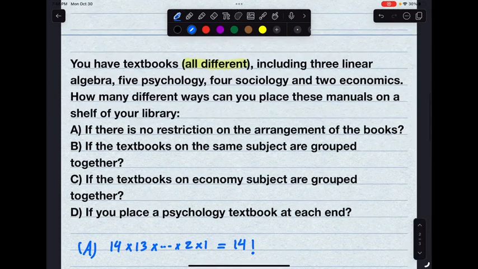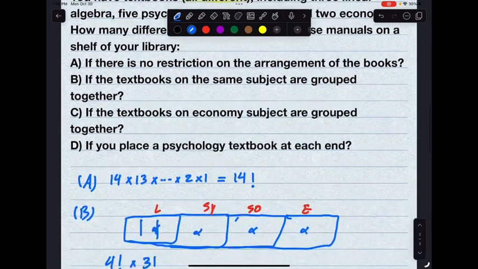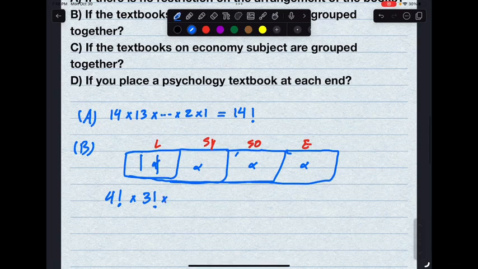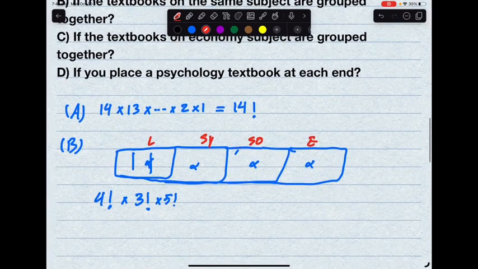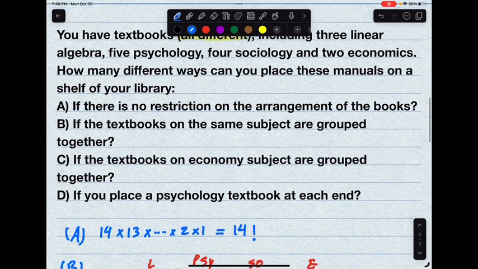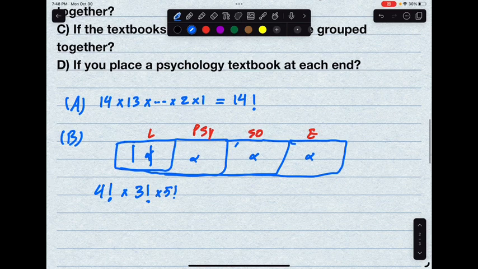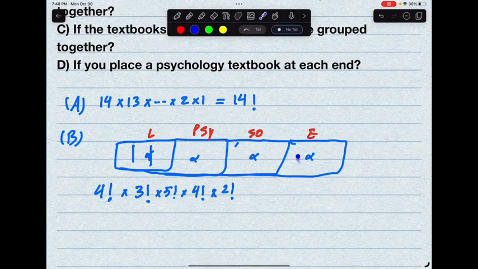What about psychology? For psychology, we have 5, so times 5 factorial, and for sociology it is 4, so times 4 factorial, and times 2 factorial. That's how we can arrange the economy books.